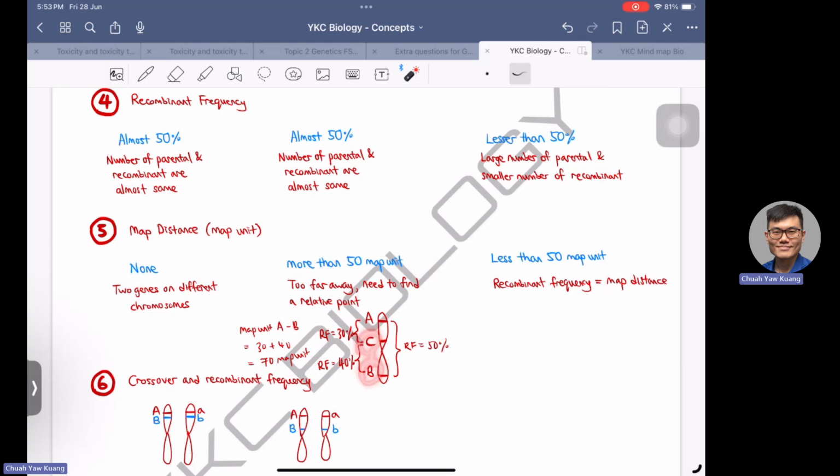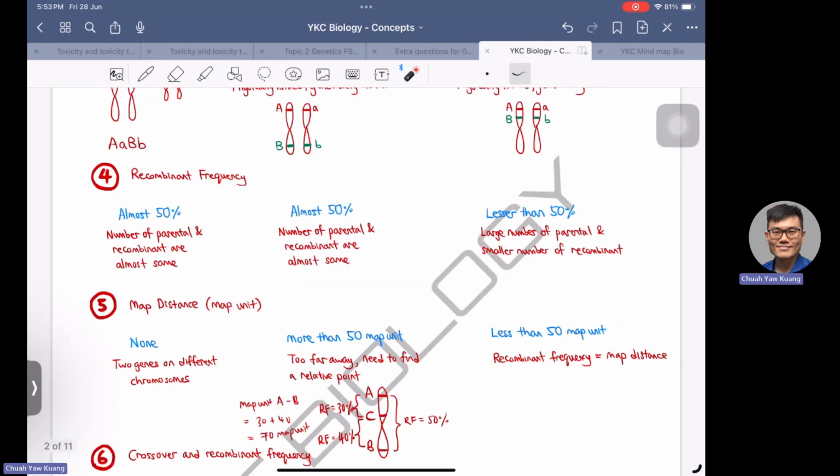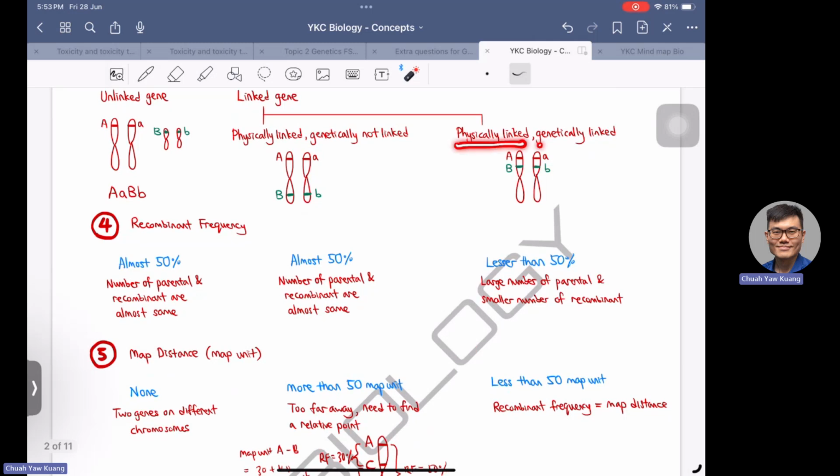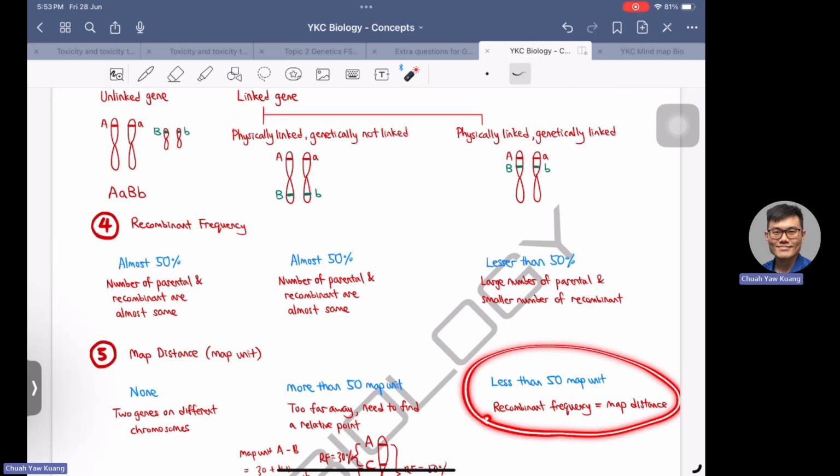The questions will tell you this, though you have to be alert. While for the last one, which is the genetically linked genes, those linked genes that are close together, this type of question is quite common. This is considered a very common question.